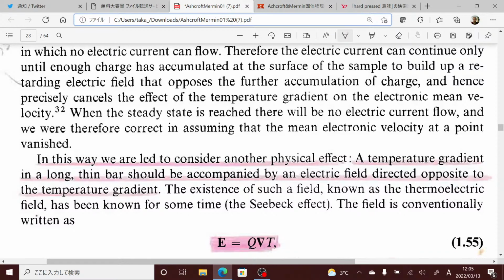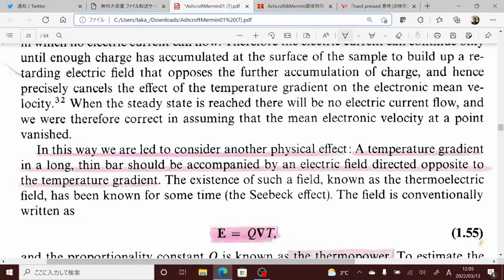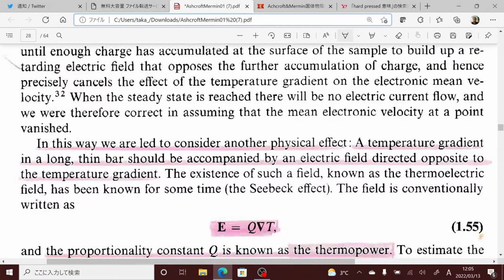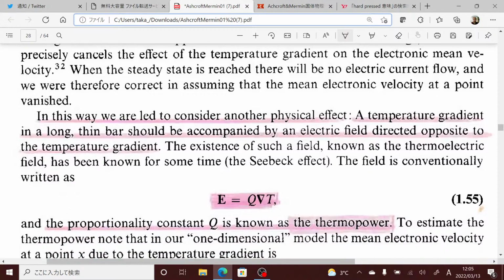When the steady state is reached, there will be no electric current flow, and we will therefore be correct in assuming that the mean electronic velocity at a point vanishes.